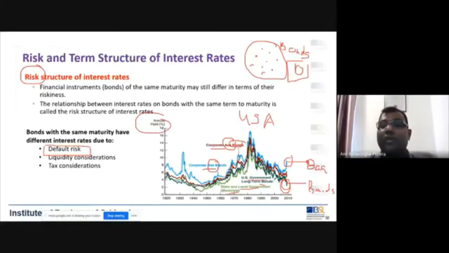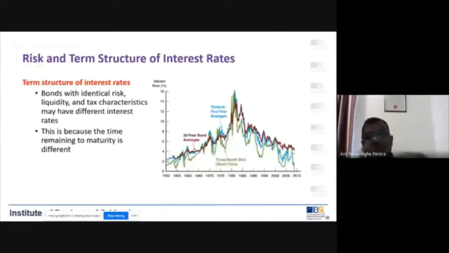AAA corporate is better than the BBB corporate. In that sense, AAA company has low interest rates compared to triple B company. So here what we have taken is triple B company. They are paying high interest rates. Why? They are having high risk. So that reflects the risk level is an important consideration to have different interest rates.